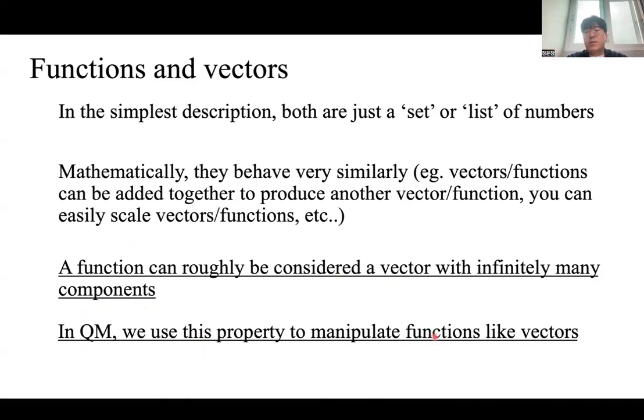So if you ever see me using the word function, mathematically I'm using vectors to go through the math. This is why I'm just considering functions like vectors. If I say eigenfunctions but I'm just using vectors, it's because they're very similar, and mathematically it doesn't make a difference really when you write them down, and it's easier to work with vectors following the Dirac notation that we have earlier.